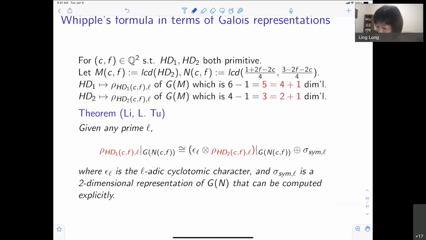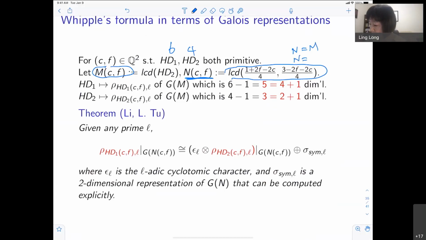So what we actually attain is as follows. Let M again be the LCD, this time the least common denominator of the hypergeometric data, of length 4 and length 6 over here. There is an additional integer coming in as a least common denominator of something very explicit. These two numbers are either the same or at most differ by a multiple of 2.